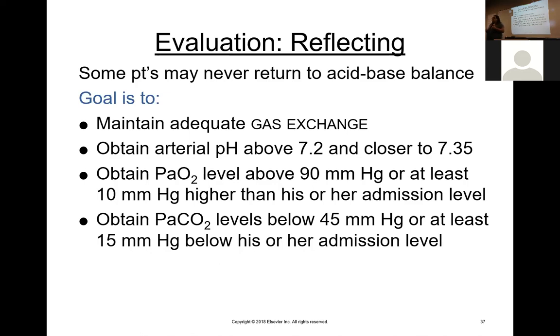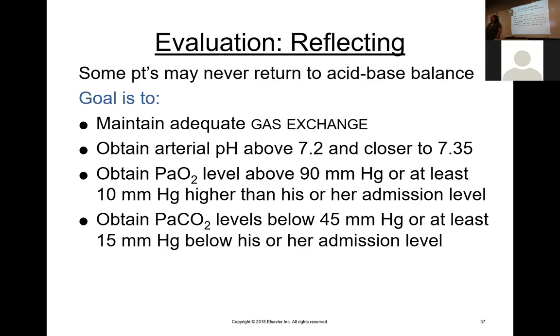She's really anxious and she's confused. She has sudden confusion that she didn't have on my last assessment. I think we need some ABGs to see how her body's using oxygen and the acid-base balance. We get the ABGs, that's usually a stat for our floor. We get the ABGs and it shows that she does need some intervention.